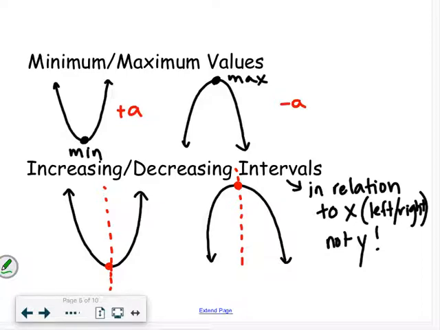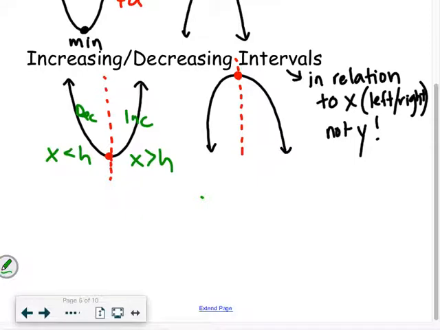As you walk along the graph to the right side, are you increasing or decreasing? This is decreasing. And then when you get to the vertex, you turn around and you start increasing. So when you write an increasing and a decreasing interval, decreasing is for x's less than h, to the left of your axis of symmetry, and increasing is for x's greater than h, to the right of your axis of symmetry. Remember, h is what the axis of symmetry is. Could be any number.